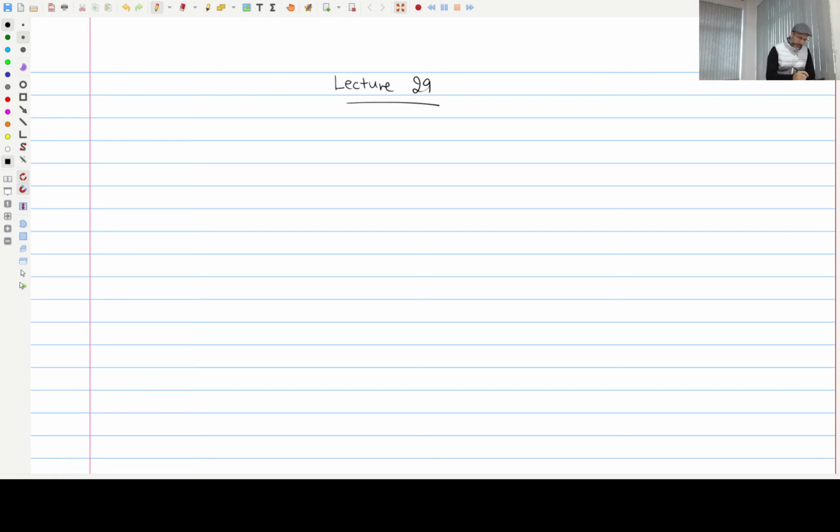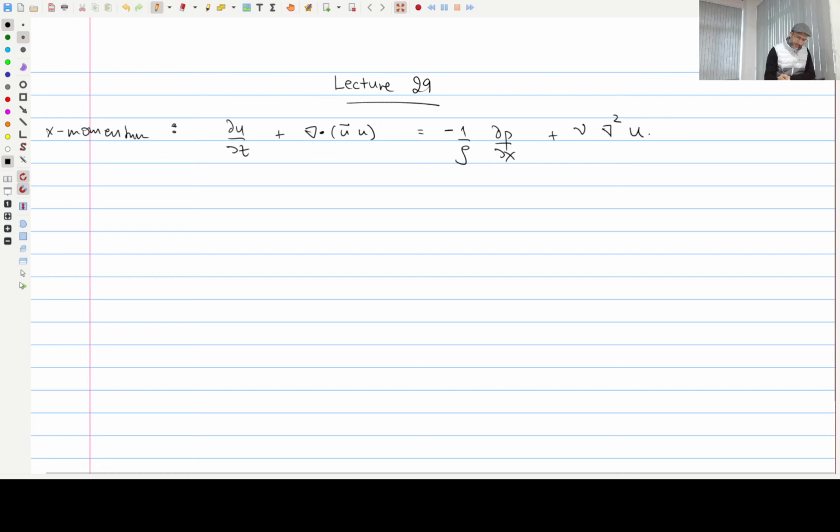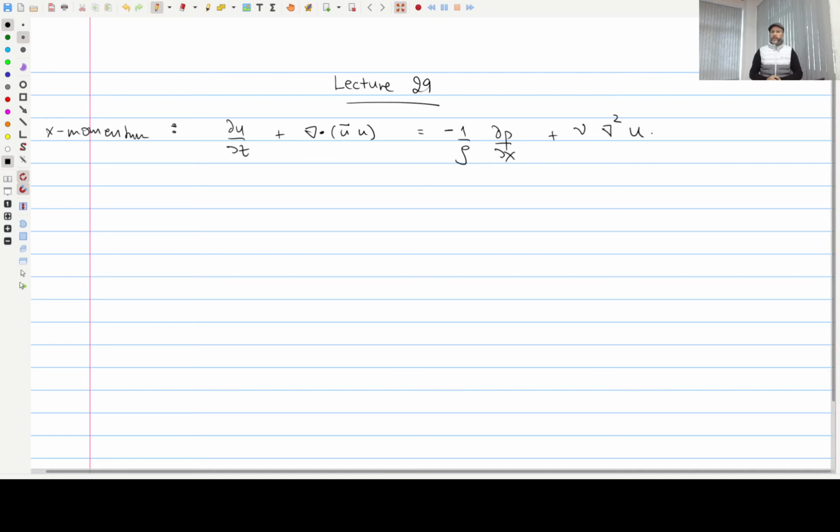The momentum equation, let's say the x momentum equation. There's no source term as of now. So this is the equation that we are solving. That's the x momentum equation.